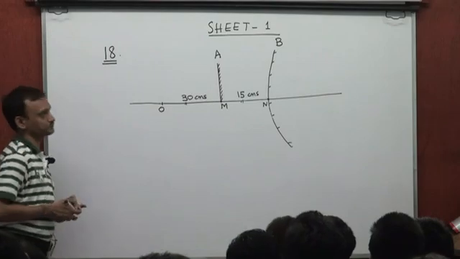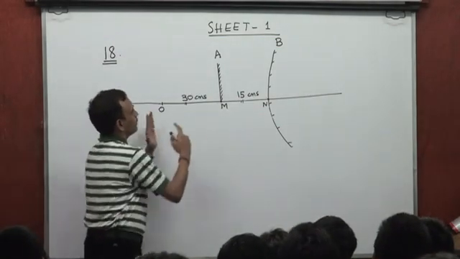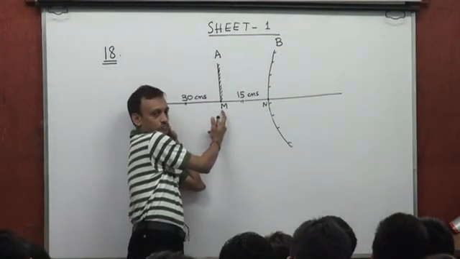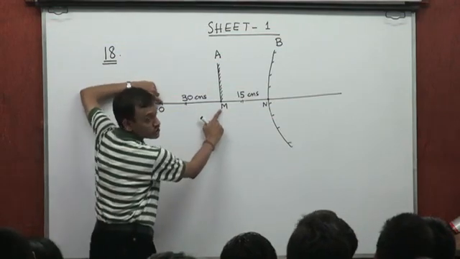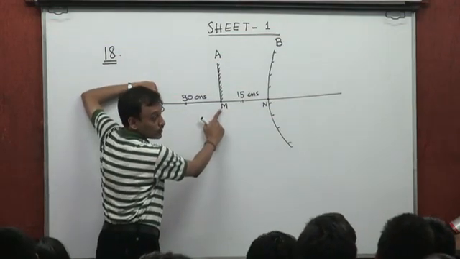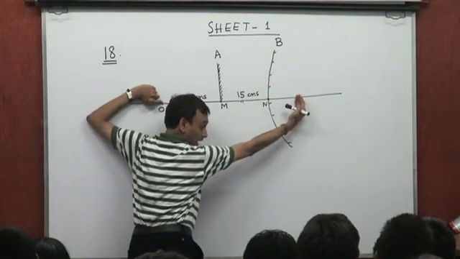Now, look at the plane mirror in isolation. The object distance is 30 centimeters. The image is a virtual image formed 30 centimeters behind, right?